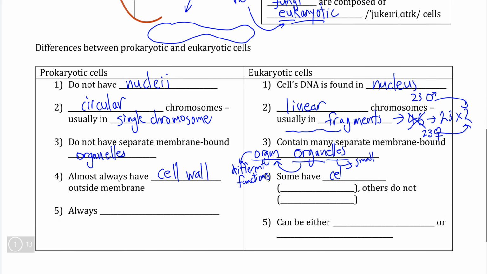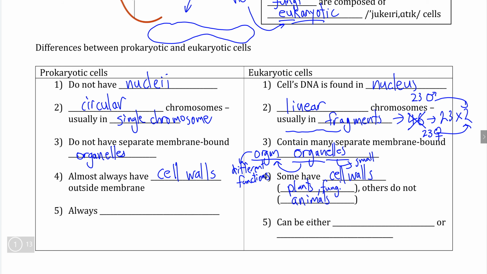Some eukaryotes have their own cell walls, but these are different structures than the cell walls that are found inside of prokaryotic organisms. For example, plants and fungi require cell walls, but other eukaryotic organisms, including animals, which includes us, do not require cell walls.